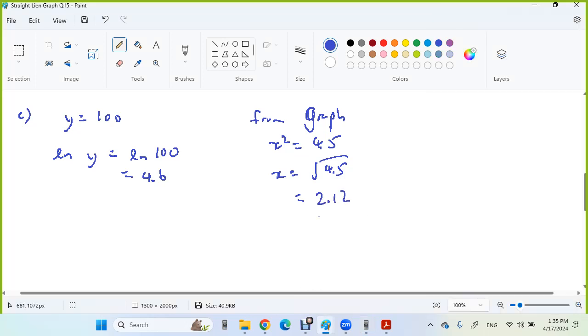Okay. In the answer scheme, they accept the value 2.0 until 2.7. So this is what I normally do.